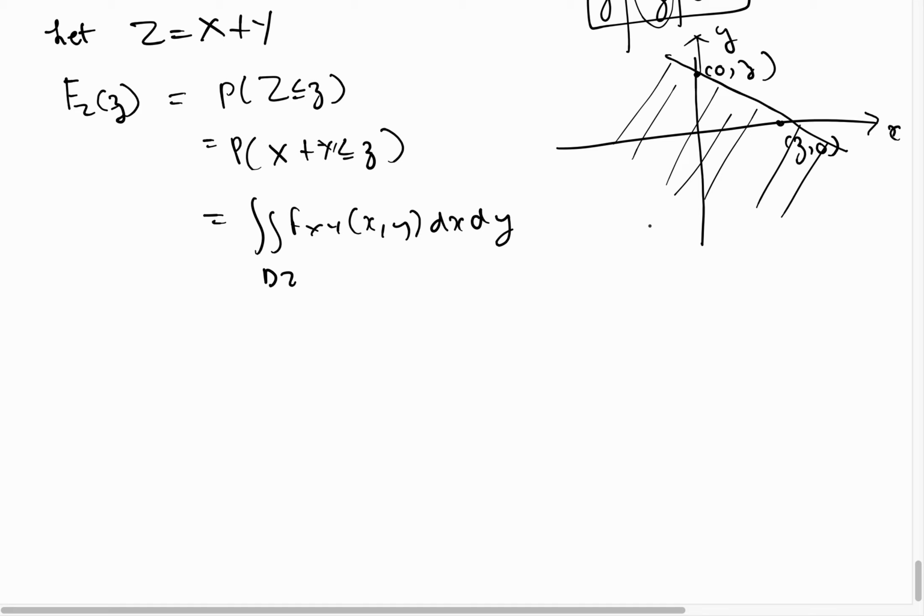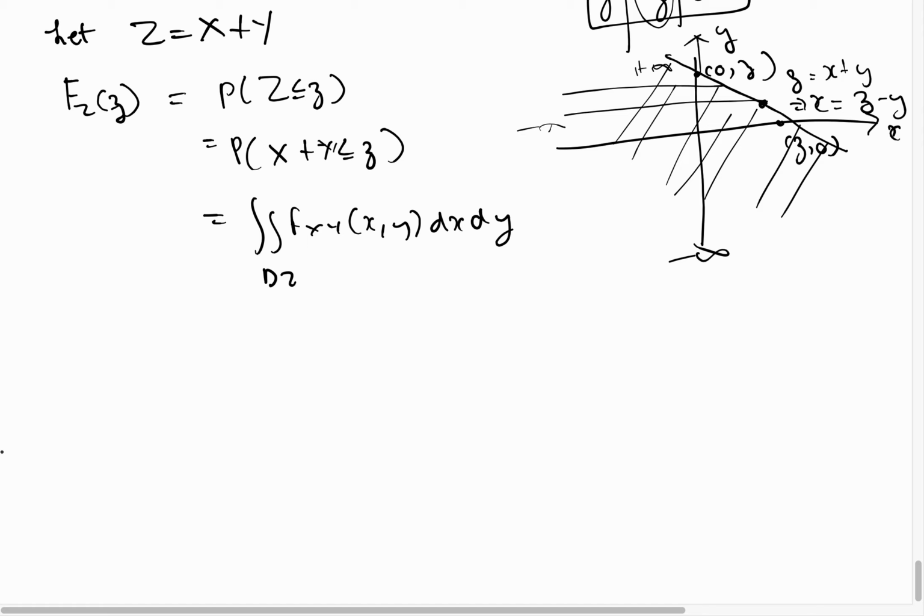So if I have to integrate it over a strip, let me consider it over a strip. We know that y is ranging from minus infinity to plus infinity, but if you observe x, it's from minus infinity up to this point. So what is this point? What do we know? That is z is equal to x plus y, which implies x equals z minus y.